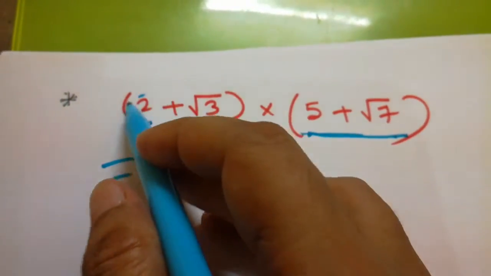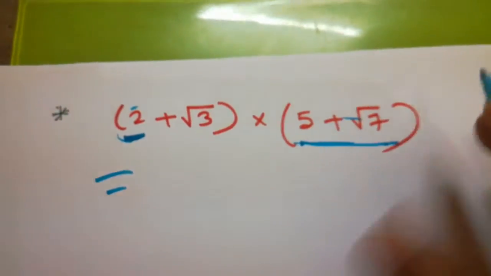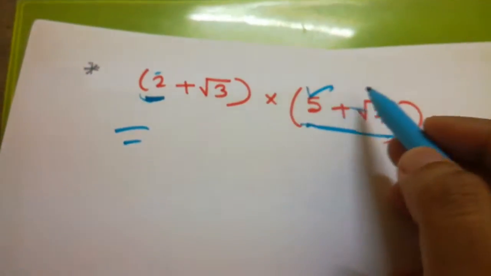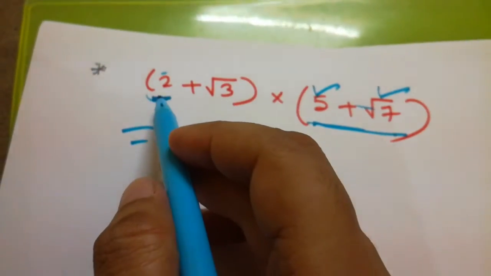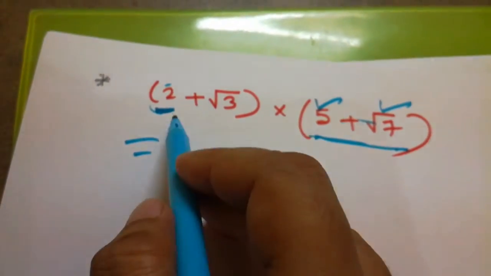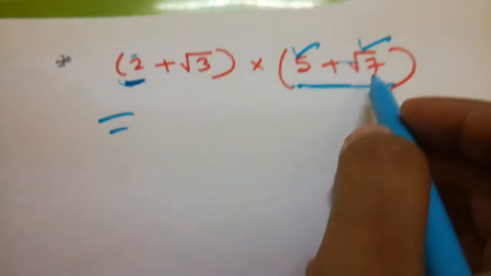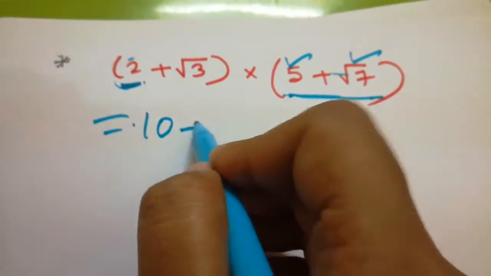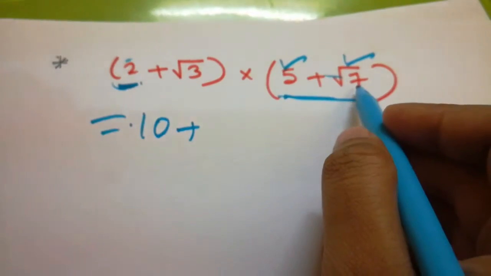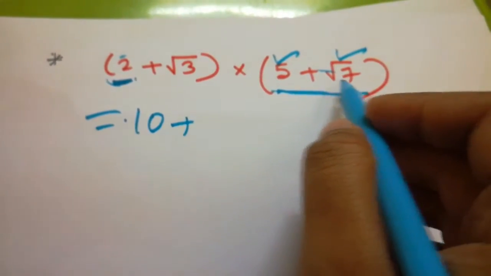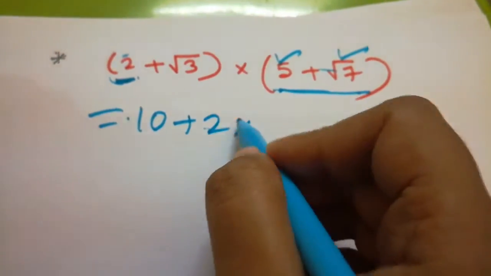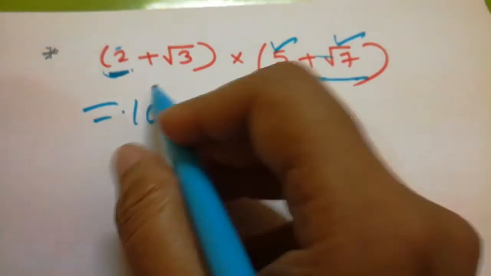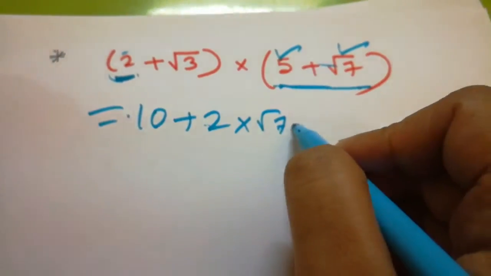So we multiply 2 by each of the terms 5 and root 7. Here we multiply 2 by 5 and we multiply 2 by root 7. So we write 2 into 5, that is 10, plus 2 into root 7. Here is a plus sign, so we write plus.